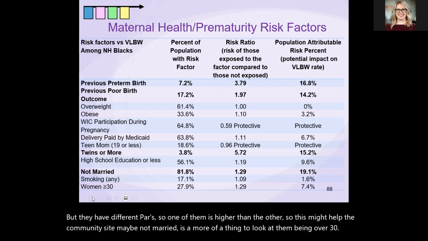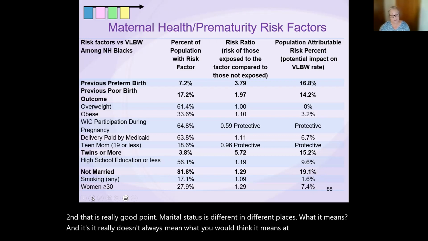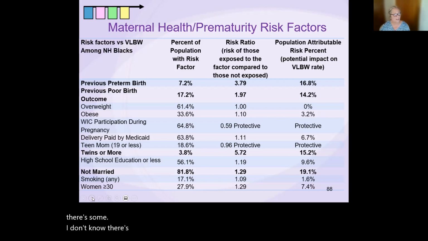And a comment on that, Kathy shared: marital status in this case may be more of a proxy for SES and insurance and healthcare access. And that is a really good point. Marital status means different things in different places. It really doesn't always mean what you would think it means at all. Sometimes it means that people are not putting the fathers on the birth certificate because there's some motivation not to do it.